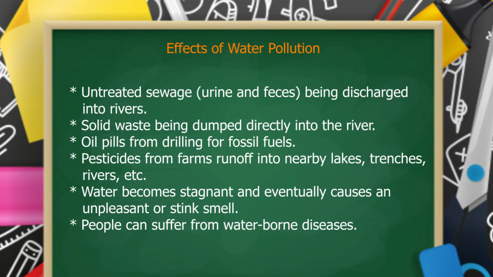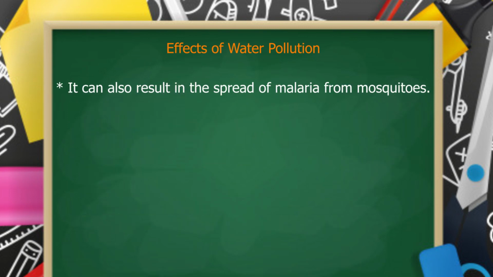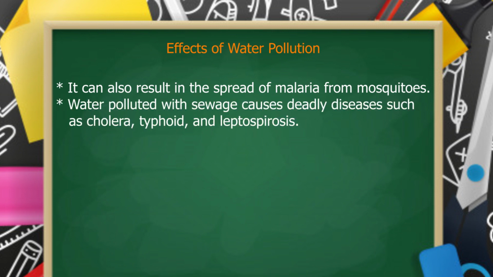So people can suffer from waterborne diseases. It can also result in the spread of malaria from mosquitoes. Water polluted with sewage causes deadly diseases such as cholera, typhoid, and leptospirosis.